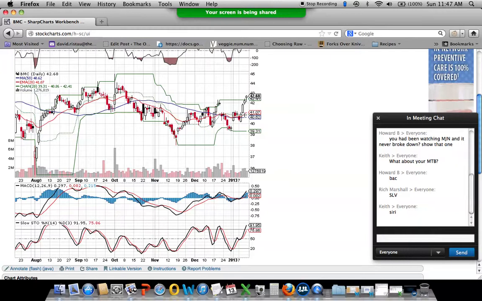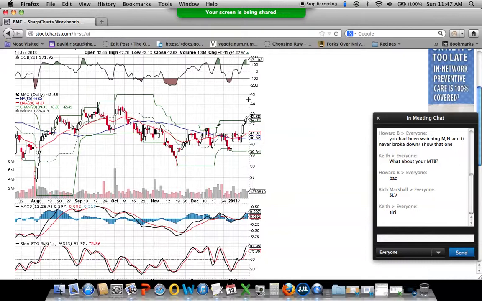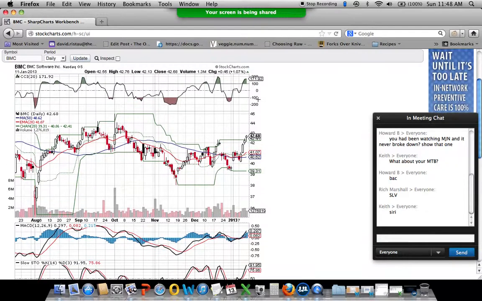It didn't break above the 20; it got support here at the 20, 50-day moving average, and then once it broke 41.45, that was the level I was looking at because it had been previous resistance. We got into it, and it's trended up nicely since. I have a price target of, I want to say, 55 on this stock right now, so it still has a lot of room to go.